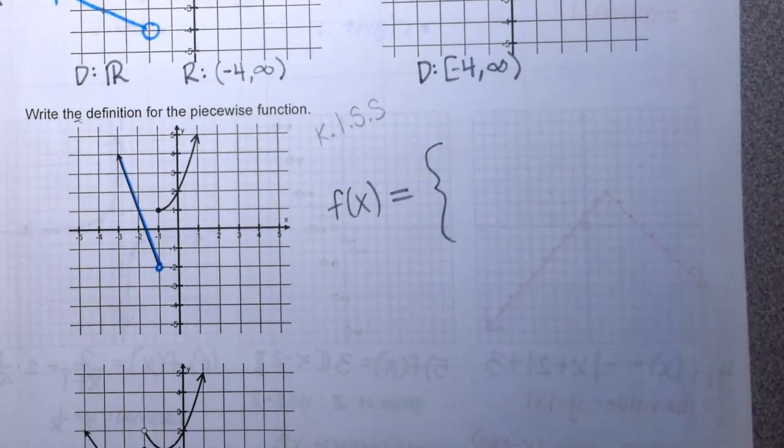I think the other S stands for something else, but I'm not going to call y'all that. That's a bad word in my house. So, could you do an absolute value? Sure. But let's keep it simple. Let's do a line.